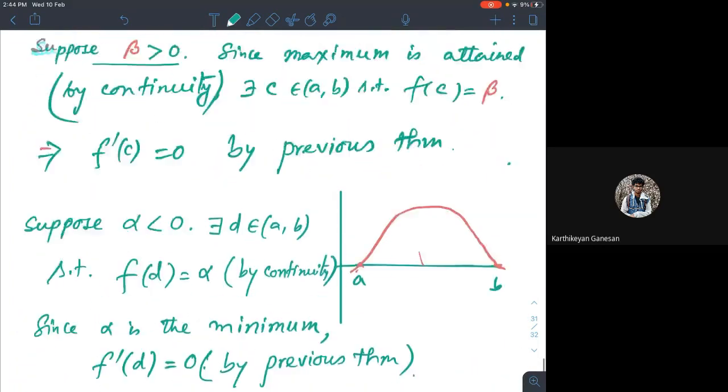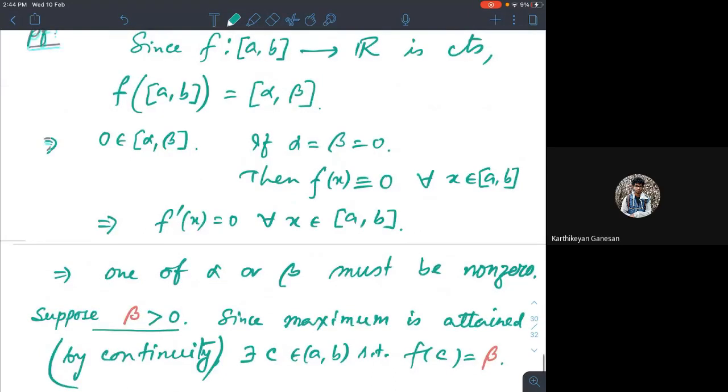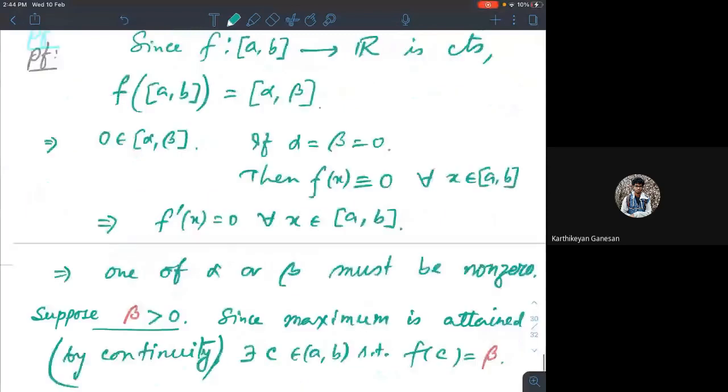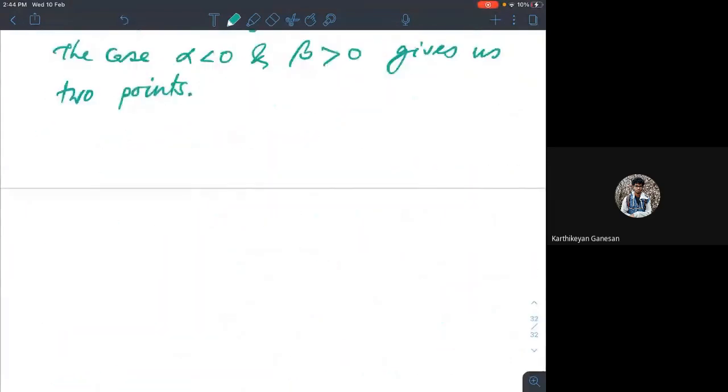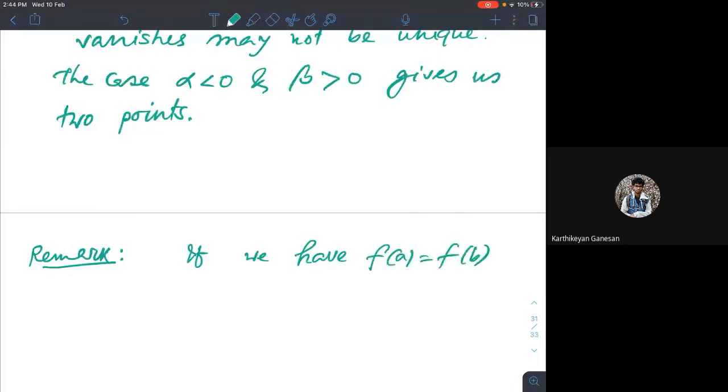So now if we change this, instead of f of A equal to f of B equal to 0, if we just have, as a remark, f of A not equal to 0, then what happens?